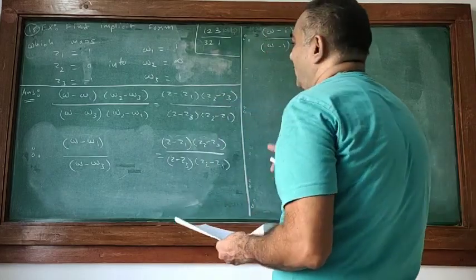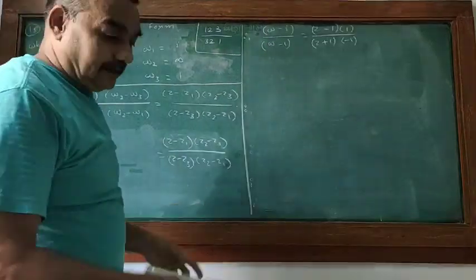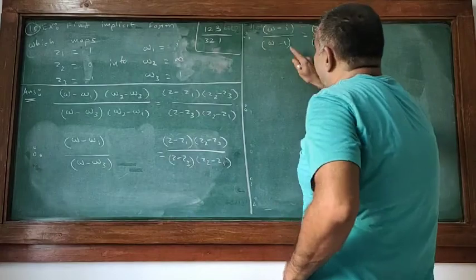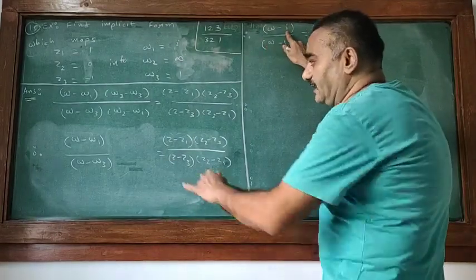And therefore we have, so here this is omega minus i, which means it is omega 1.